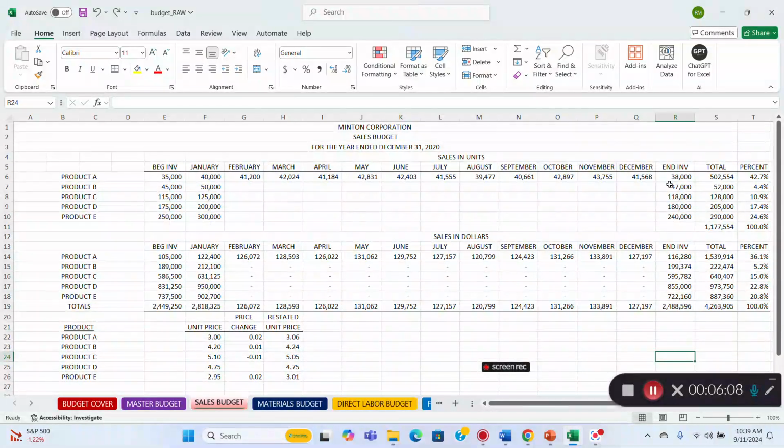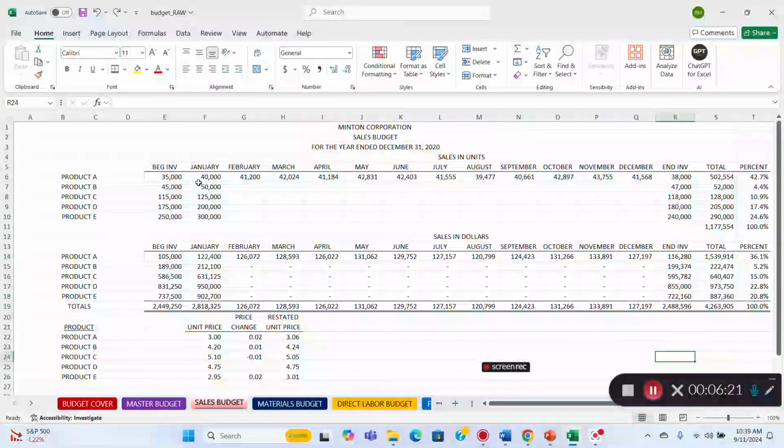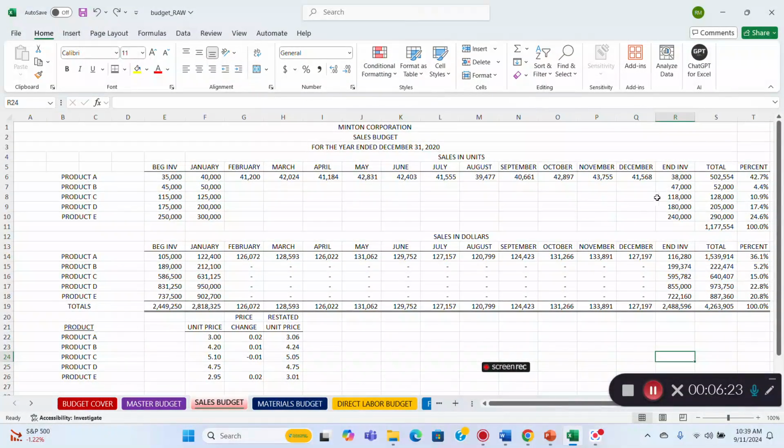So the way that this works is I'm going to forecast my yearly sales, January through December. I'm going to subtract the beginning inventory and I'm going to add my desired ending inventory. And what that's going to give me is my production.